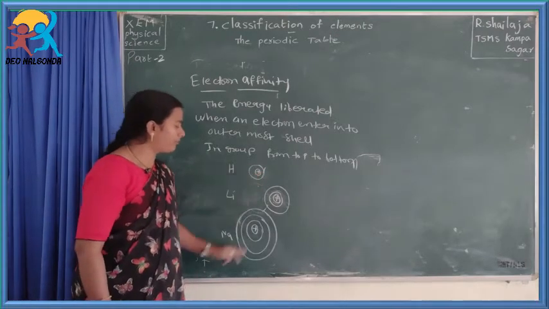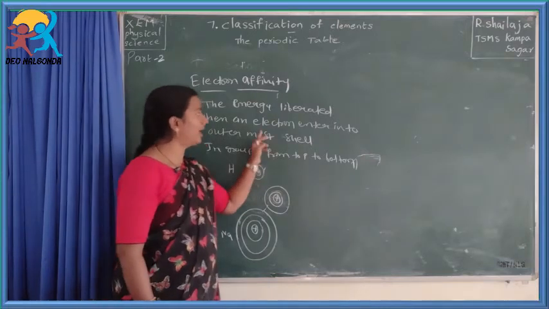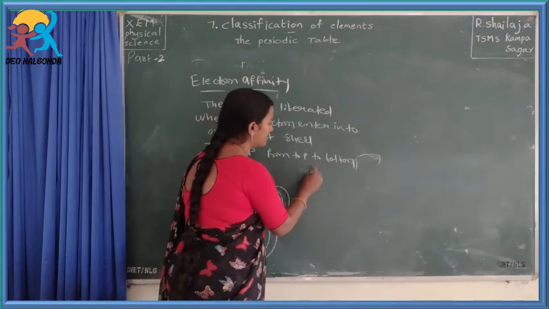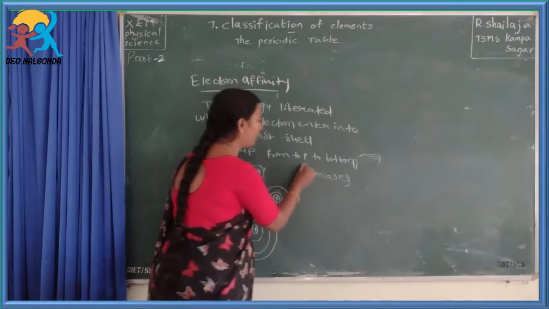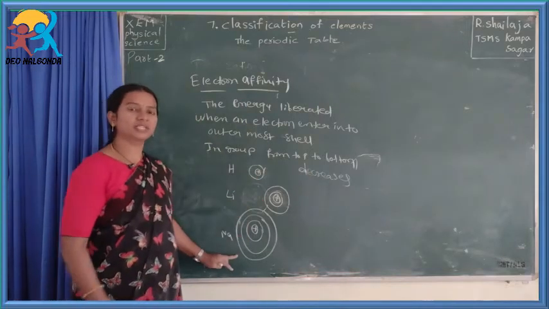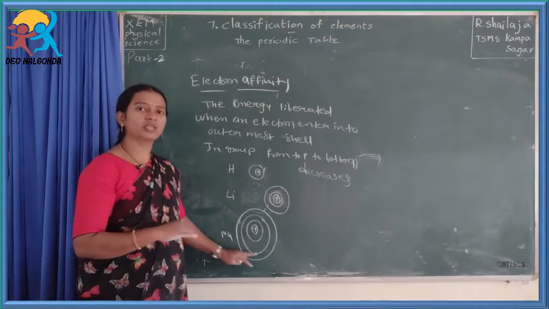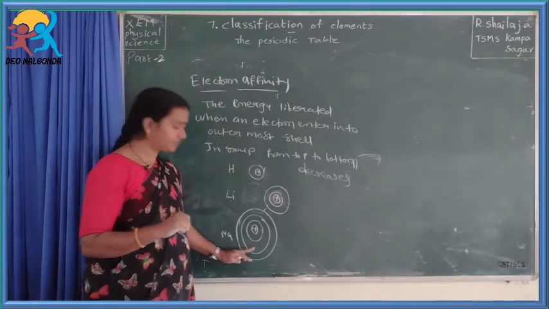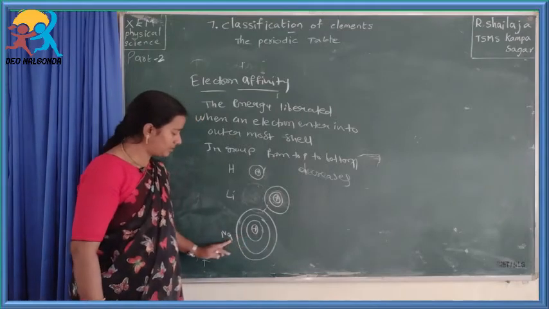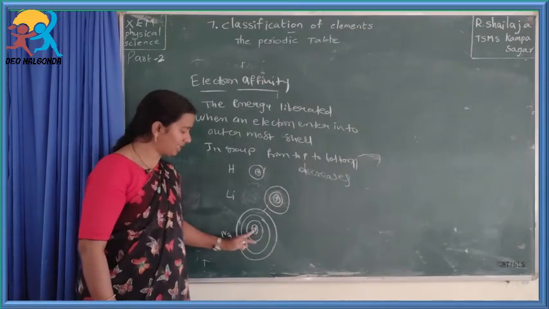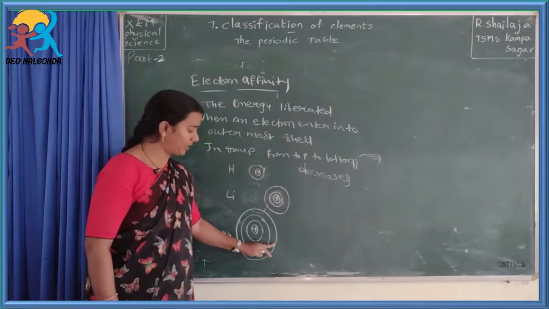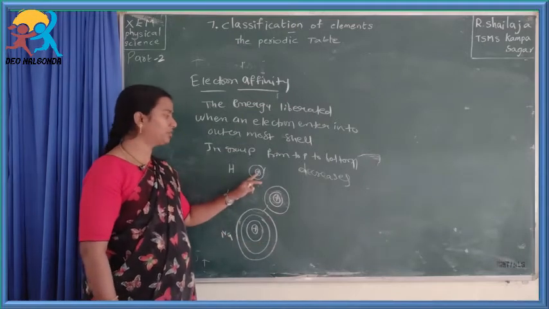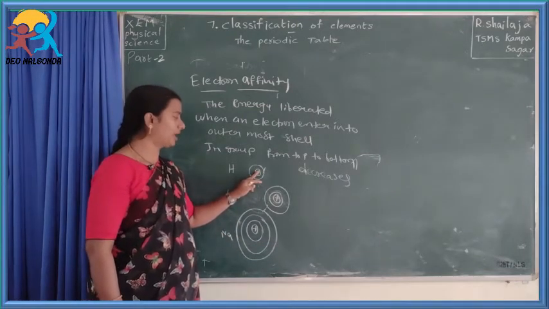So that's why from top to bottom the electron affinity decreases. Why? Because from top to bottom the shells increase, and the distance between the nucleus and the outermost shell increases. The positive attraction gap is more in sodium, because there the electron is added into the third shell, and the attracting power of the nucleus on the third shell is not as much as on the first shell.